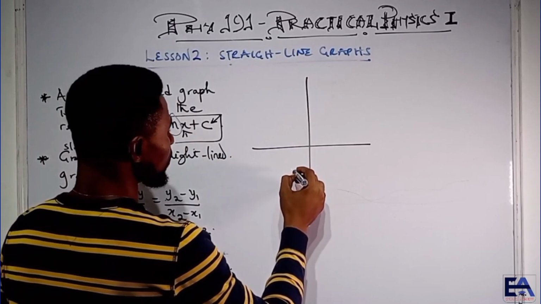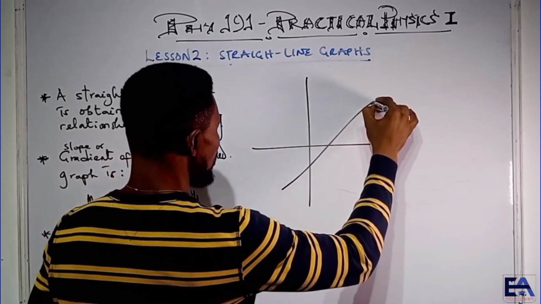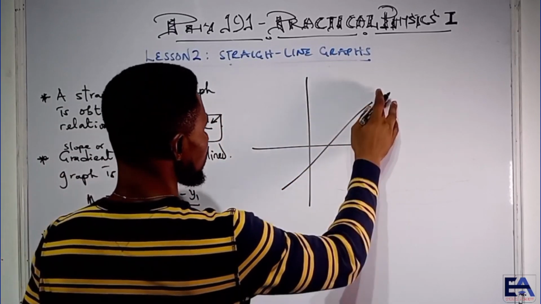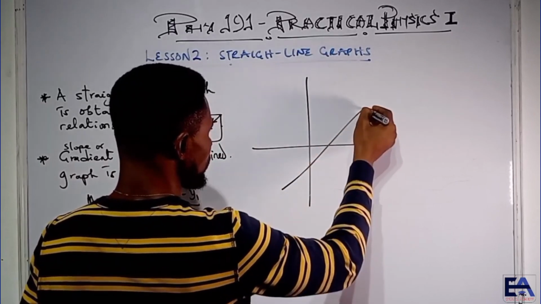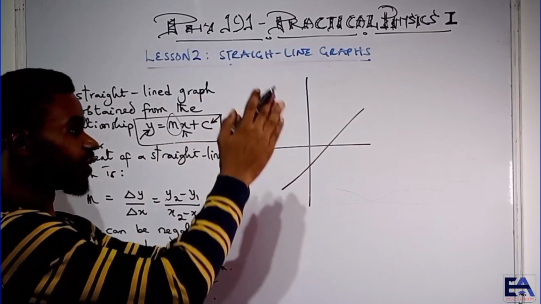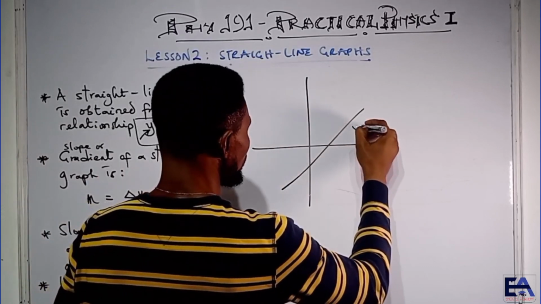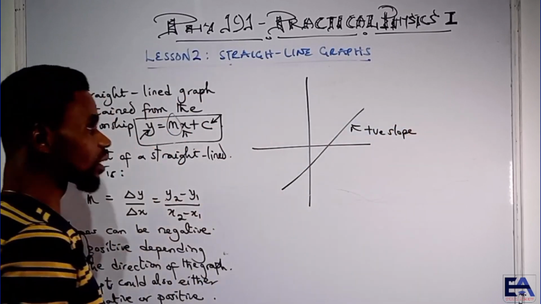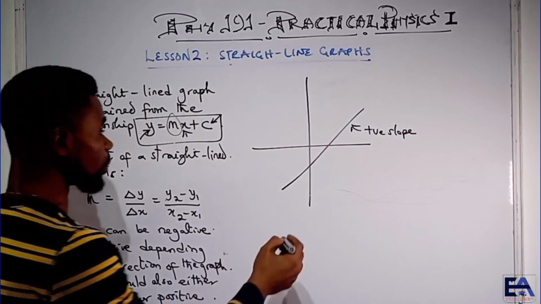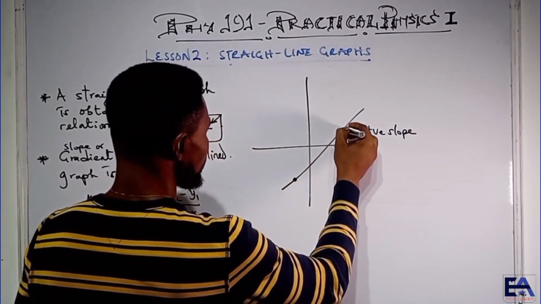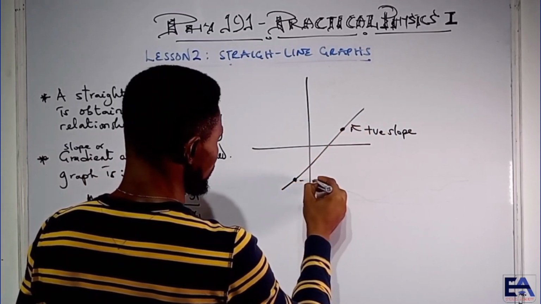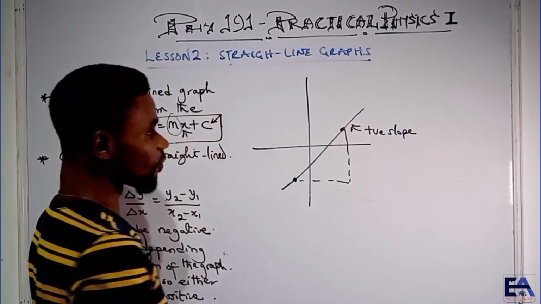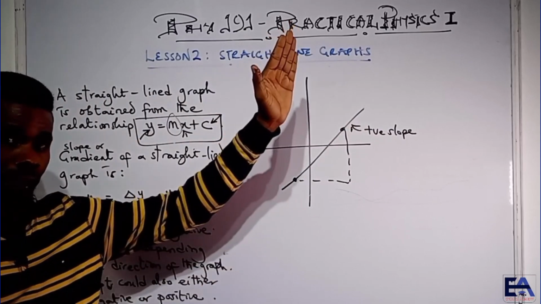If the graph goes upward, like something that is elevating, then this graph is going to have a positive slope. It's definitely going to have a positive slope, regardless of where you picked your points from. The slope of this kind of graph will be positive because it goes upward.